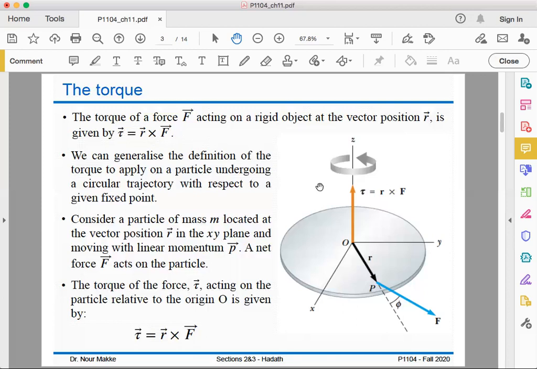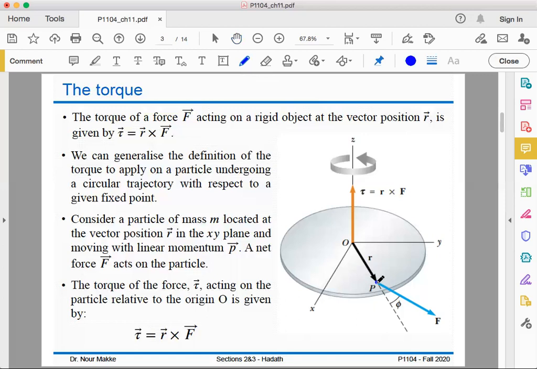Let's consider a particle. This is the particle, and it is at a distance r from the origin. So the vector position of the particle, which we call P here, is given by r.